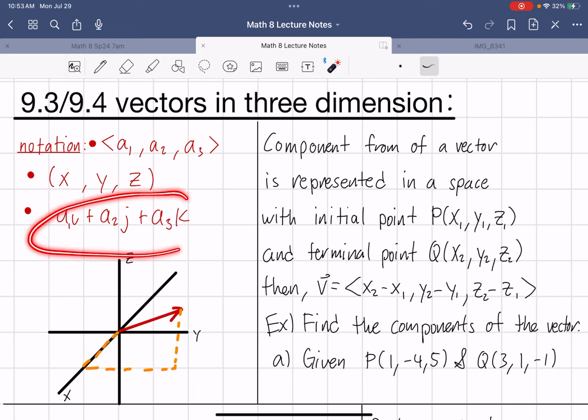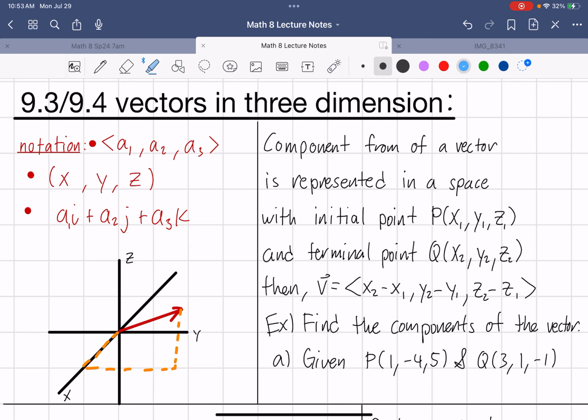That's why we still have this ijk notation. I don't expect you to graph any of these, but we're going to go through everything we just did in sections 1 and 2, but now we're just applying it with this additional term, with this additional point, right, with this additional component.